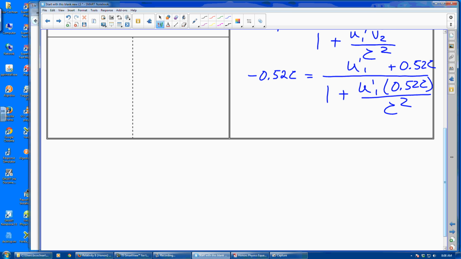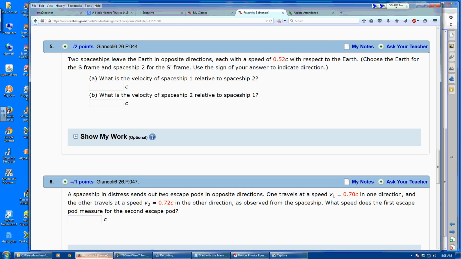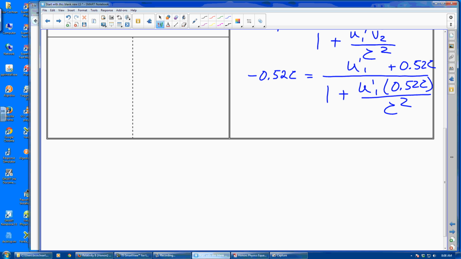Again, now I need to solve for u1 prime. I'd rather solve for u1 prime over c, since they asked for the answer in terms of c. So I'm going to do a little bit of finagling. I'm going to divide both sides by c. That will give me negative 0.52, because I'm dividing this by c. And then if I divide this side by c, that's like putting a c here and a c here.